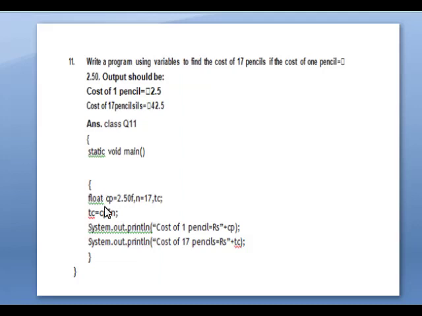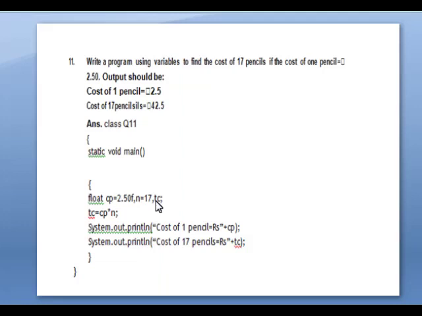Here cost of one pencil 2.50 is a decimal value, so we have taken all the variables as float. Float CP equal to 2.50, cost of the pencil CP. Then number of pencils 17, so it is n equal to 17. Then you have to find out the cost of 17 pencils.